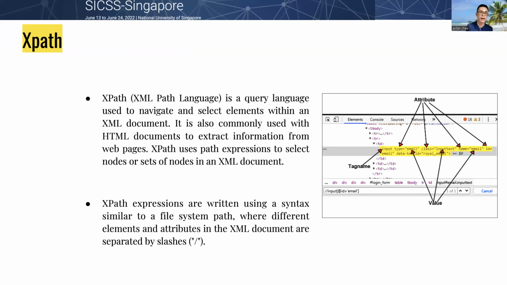As we can see, the HTML format of a web page is really complex, and XPath uses path expressions to select the nodes and elements in your HTML document. That is its function.